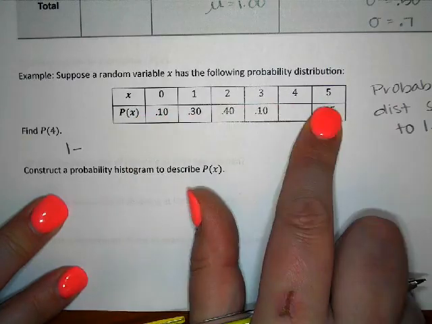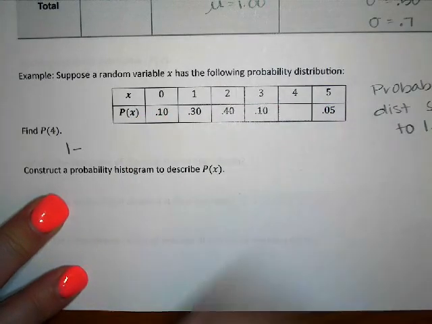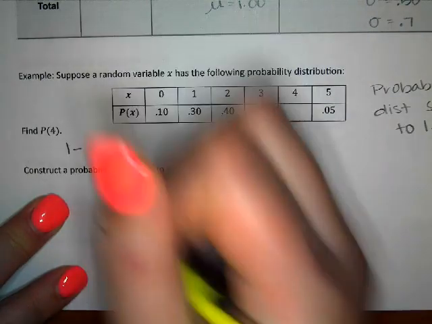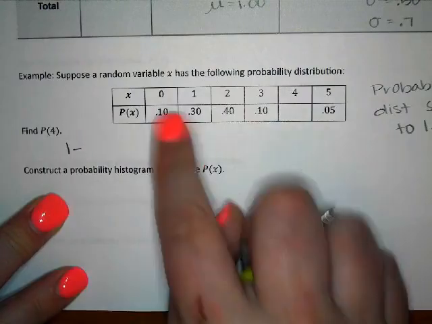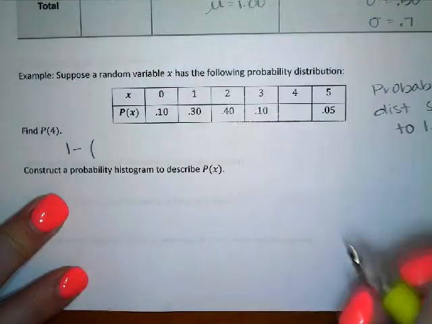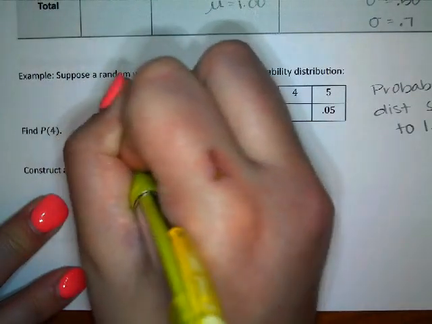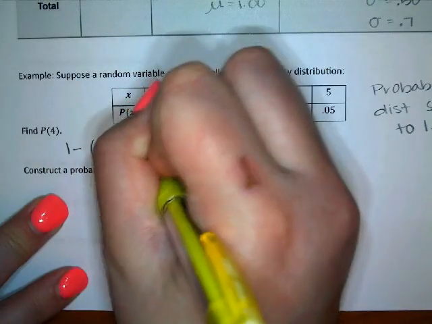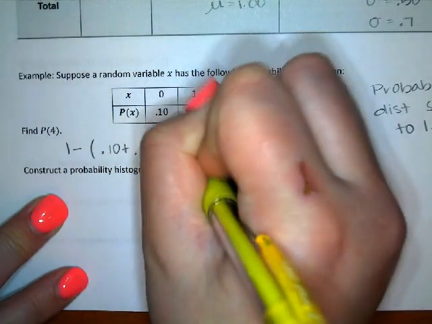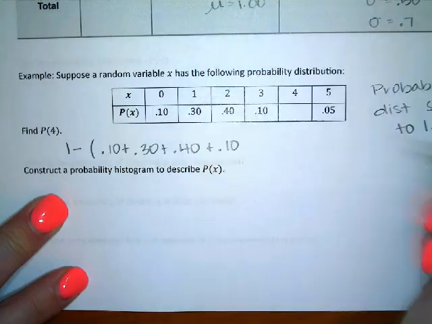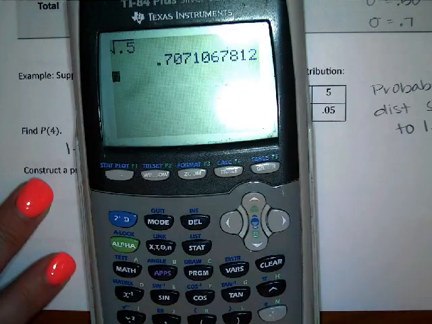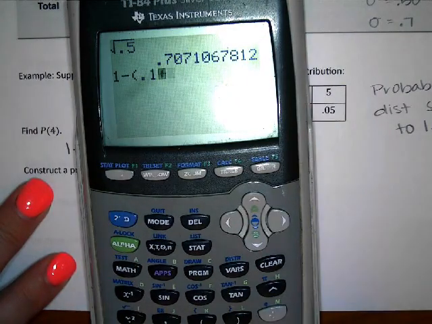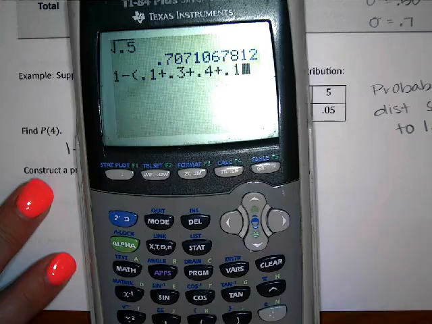But I'm not going to do it in percentages because probabilities are supposed to be decimals, not percents. So I'm going to say 1 minus the rest of these will give me my missing probability. Okay, so the missing probability is 0.05.